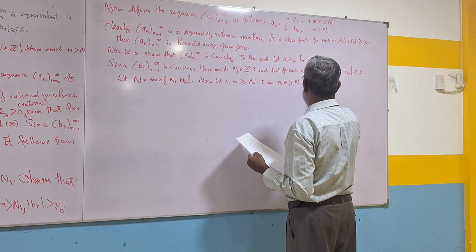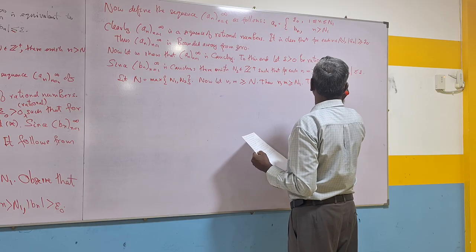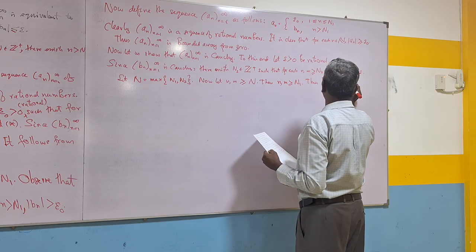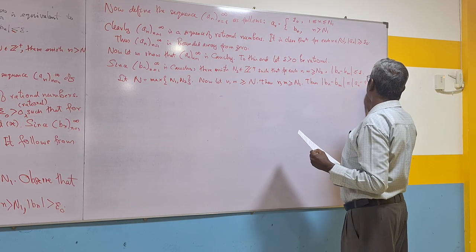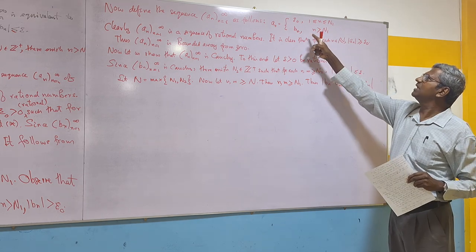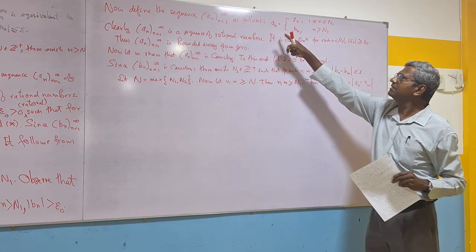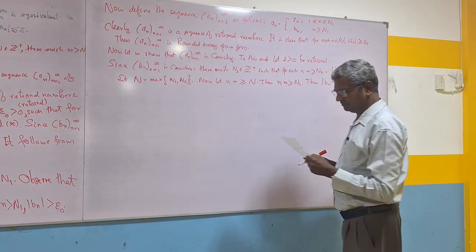Thus, Bn minus Bm and An minus Am are going to be the same. When n and m are greater than N1, An and Bn are the same.